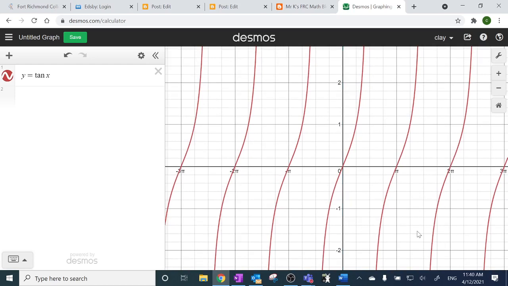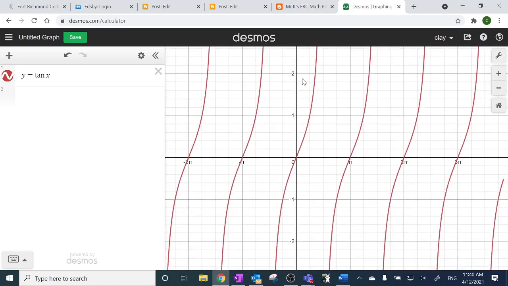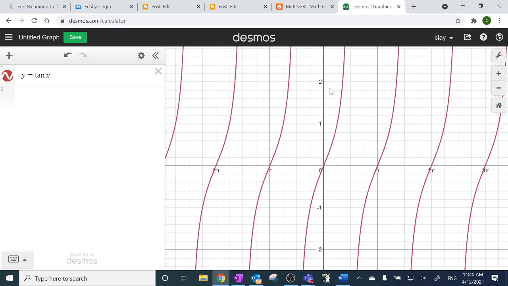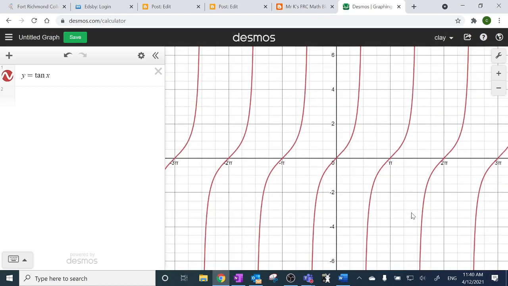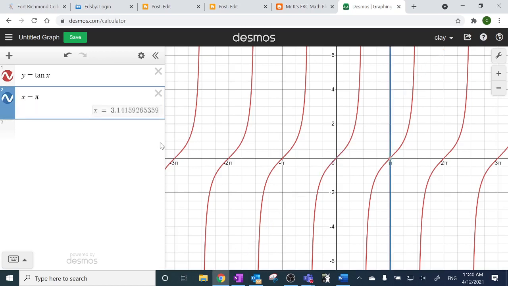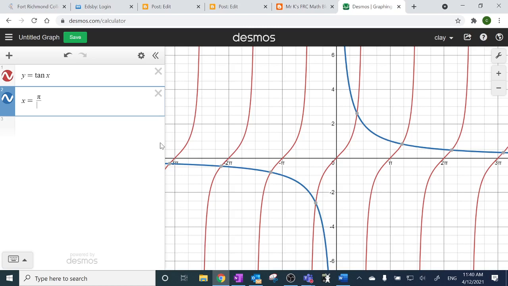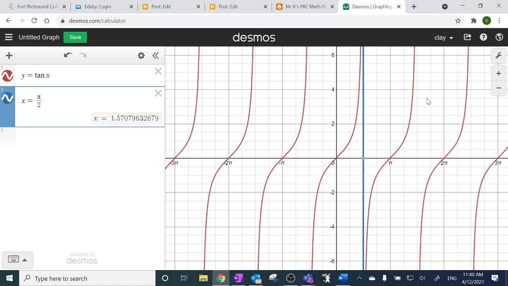But when you have a scale more like that, you get more of a curve. And if I were to graph just x equals pi by 2, I'll make that a dotted line.